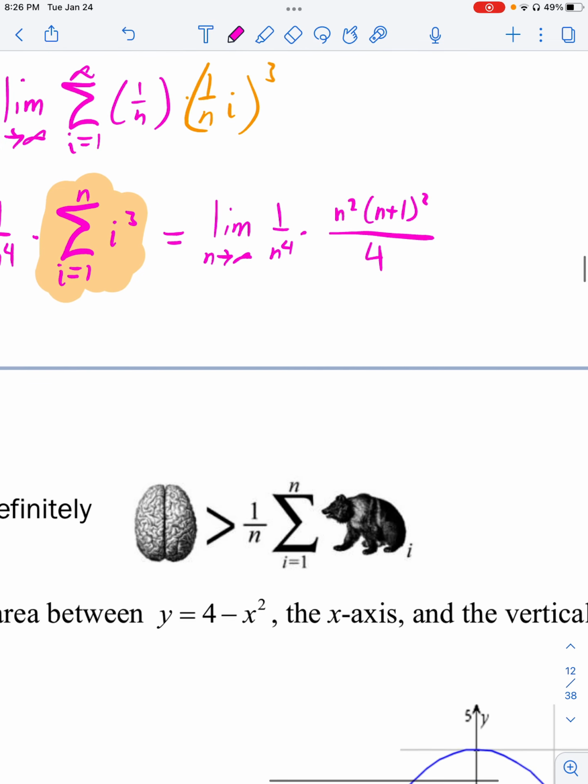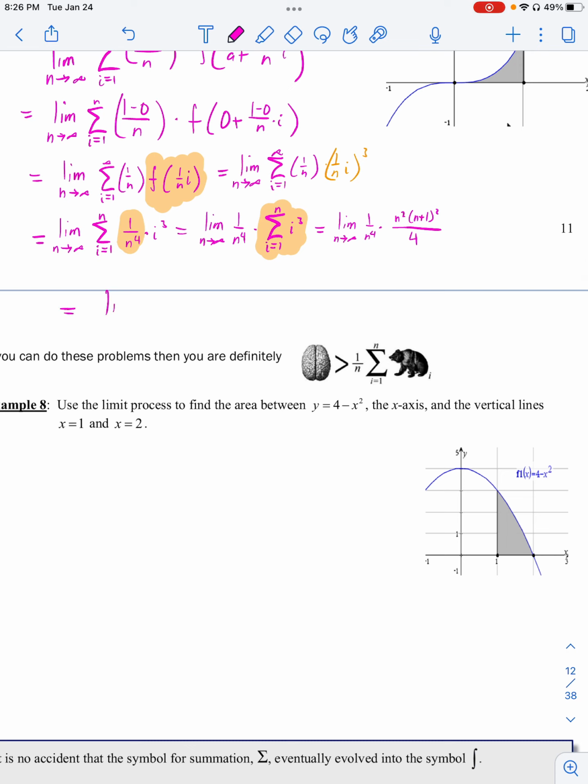Okay, so let's simplify this algebra right here. The limit as n goes to infinity of, what does this evaluate to?